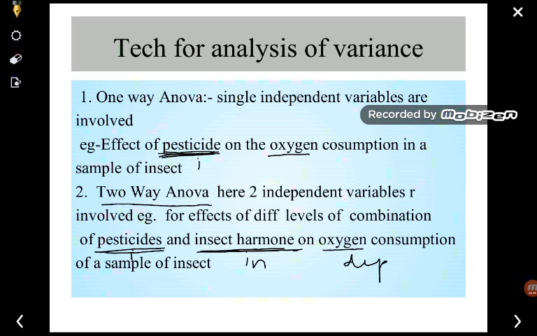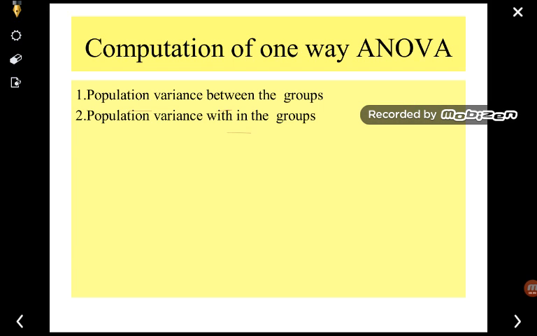Now coming to the one-way ANOVA. For the computation of one-way ANOVA, variance is estimated at two different levels. The first is the population variance between the groups. If two different groups are taken, what is the population variance between the groups?